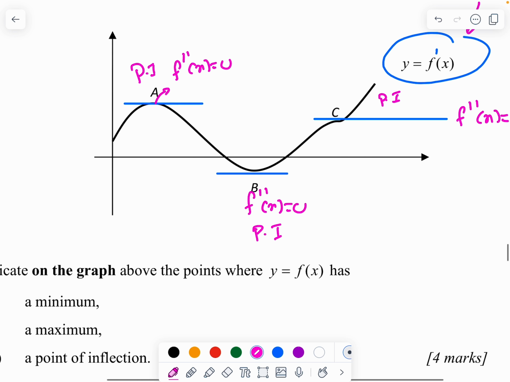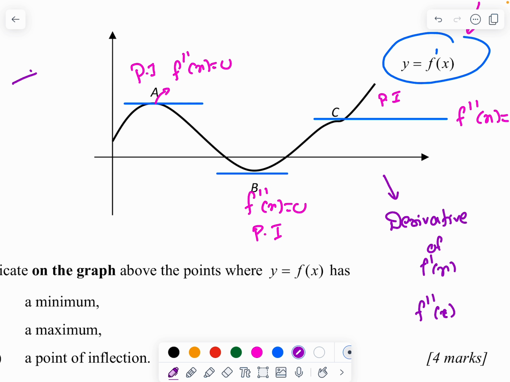Now, if I want to find the derivative of f prime x, what does that become? f double prime x. So the slope of this graph is f double prime x.